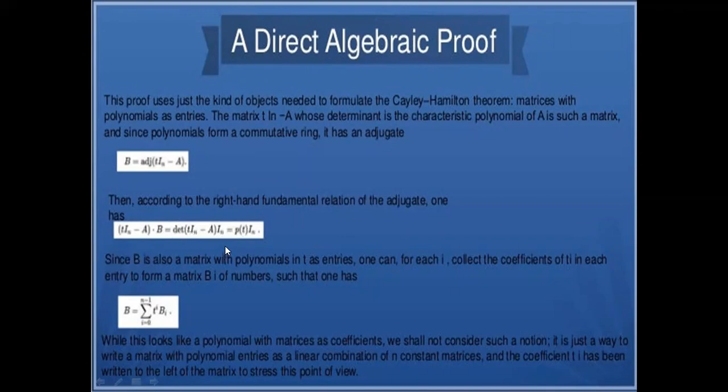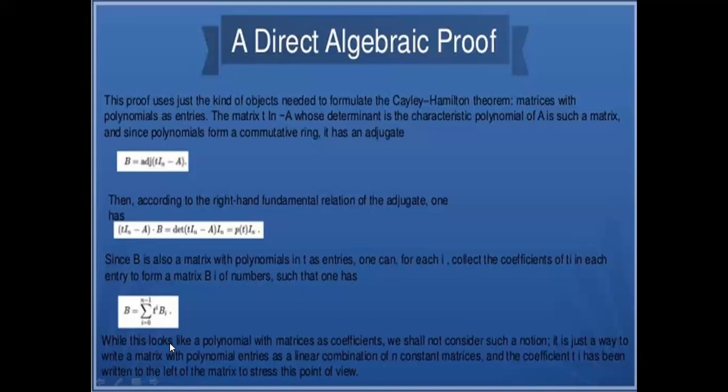Since B is also a matrix with polynomials in t as entries, one can, for each i, collect the coefficients of t^i in each entry to form a matrix B_i of numbers, such that one has this expression.